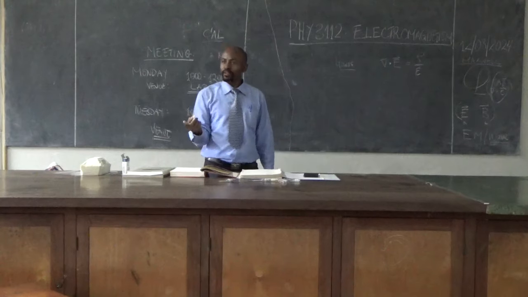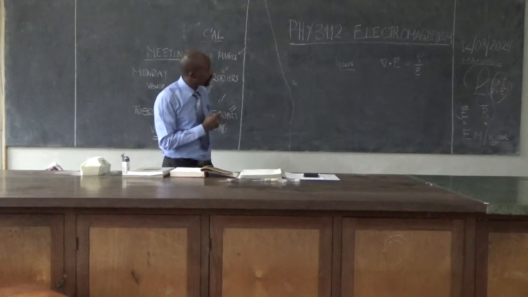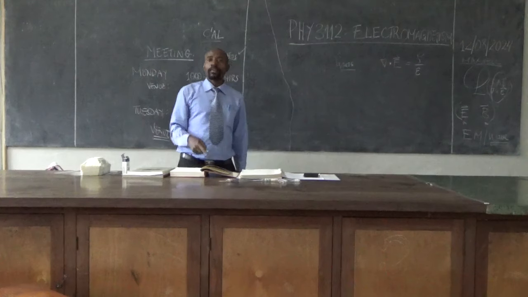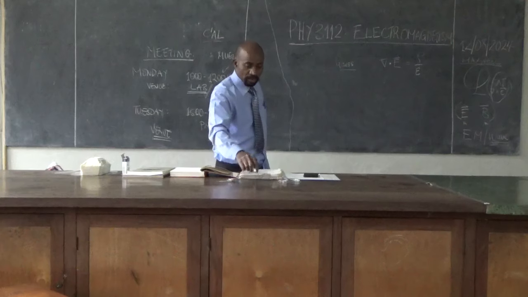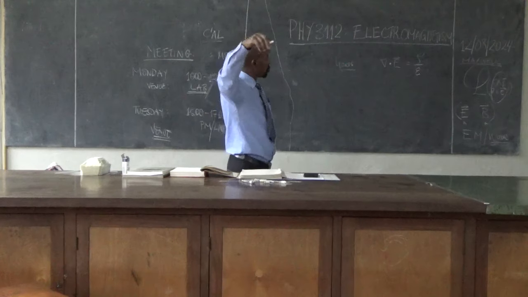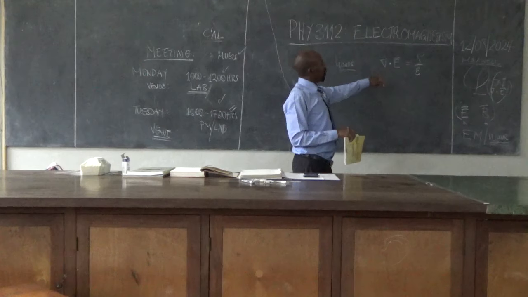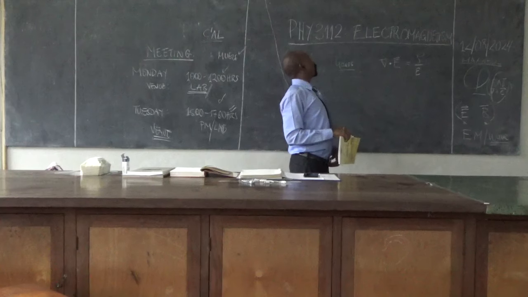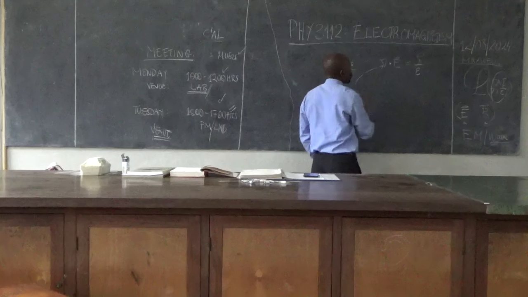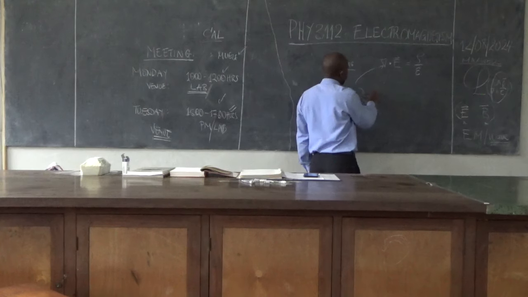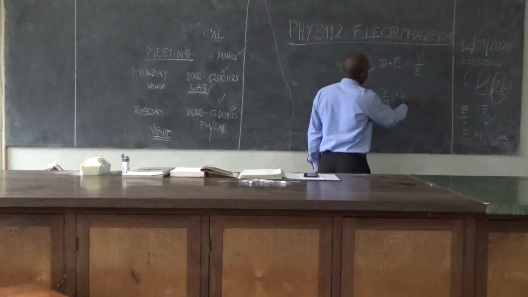So whether you're doing it in free space, of course that will be epsilon naught, the 8.85 times 10 to the power minus 12, or if it is any material that you are using, whether a piece of wire like I've been having or another cable, whatever way you are using it. So this is Gauss's law, and we normally call this one in differential form because of this baby here, which is the partial derivative of the field by x plus the partial derivative by y plus the partial derivative by z.